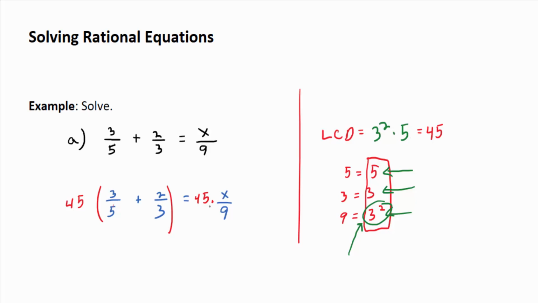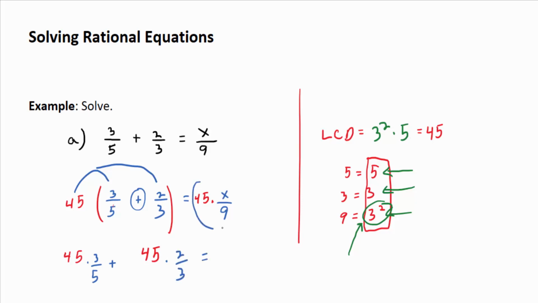What do we need to remember to do? We've got to distribute, so it's going to be 45 times both of those terms. So 45 times 3/5, distributed over addition, plus 45 times 2/3.